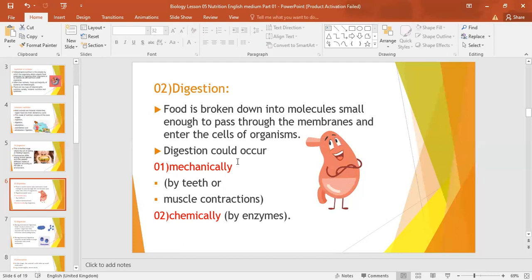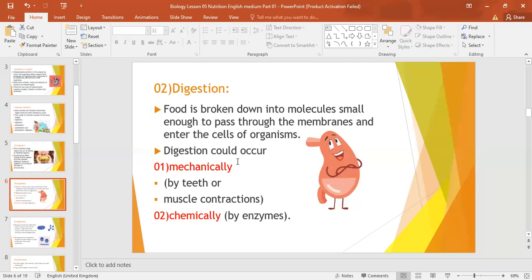Then the chemical digestion. After digesting food particles mechanically, the tiny food particles then go to the chemical digestion. That means the molecular level digestion. Chemical digestion is done by enzymes, actually the catalytic activity of enzymes.